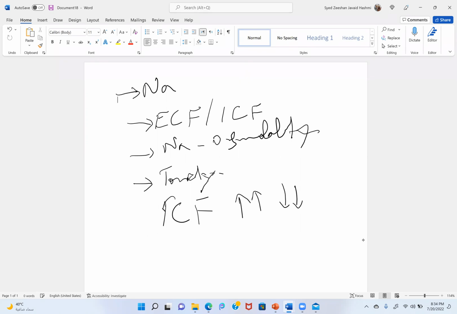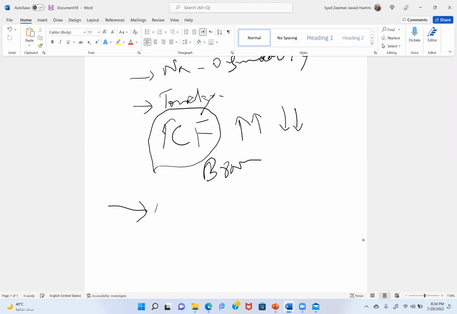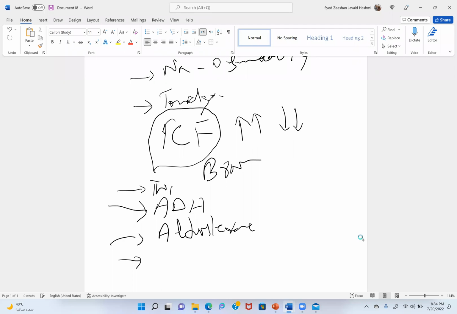This will have serious consequences, especially in the brain. For maintenance, we have ADH, we have aldosterone, and we have ADH also through the thirst mechanism. Then there are some.